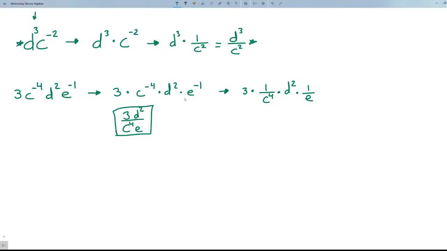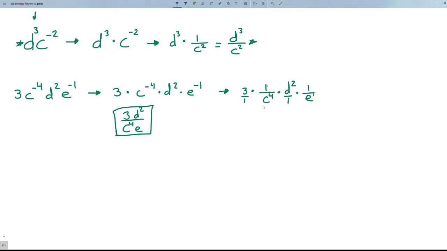Now I purposely took away the first exponent because that's already understood, and that's just repetitive for us to say again. And I purposely put the multiplication symbols here because we're multiplying fractions, and if they're in the numerator, we can just put them over 1 and multiply straight across.